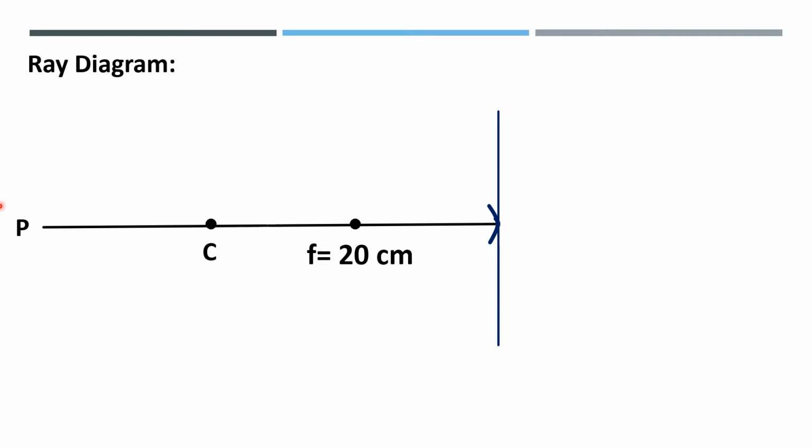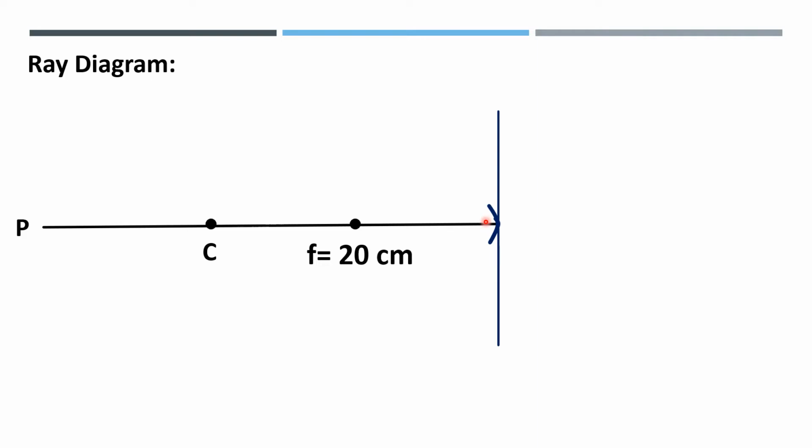And we have what we call the principal axis. This horizontal line drawn is what we call the principal axis. Now, somewhere at this point, you see here a small dot that represents the focus, and the length from the focus to the vertex of the mirror is what we call the focal length.